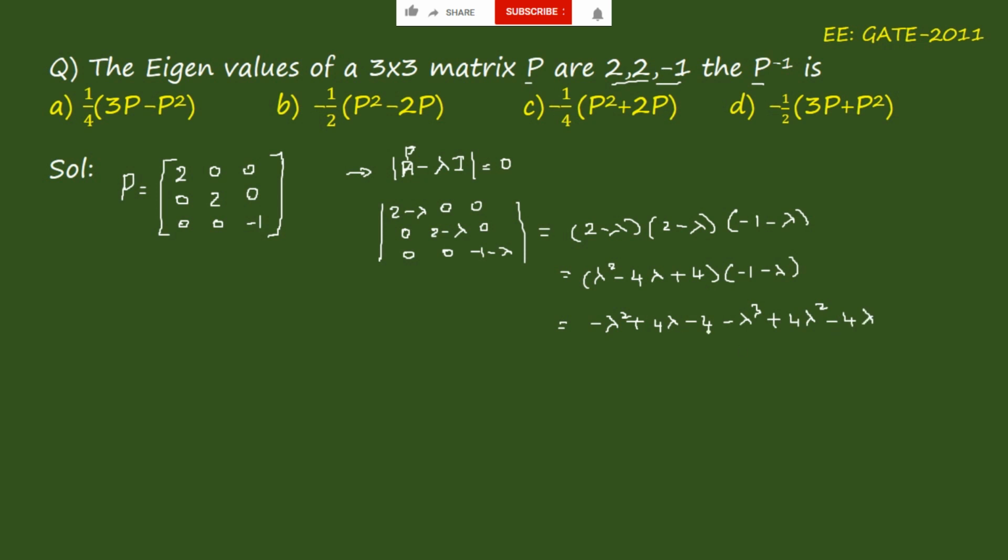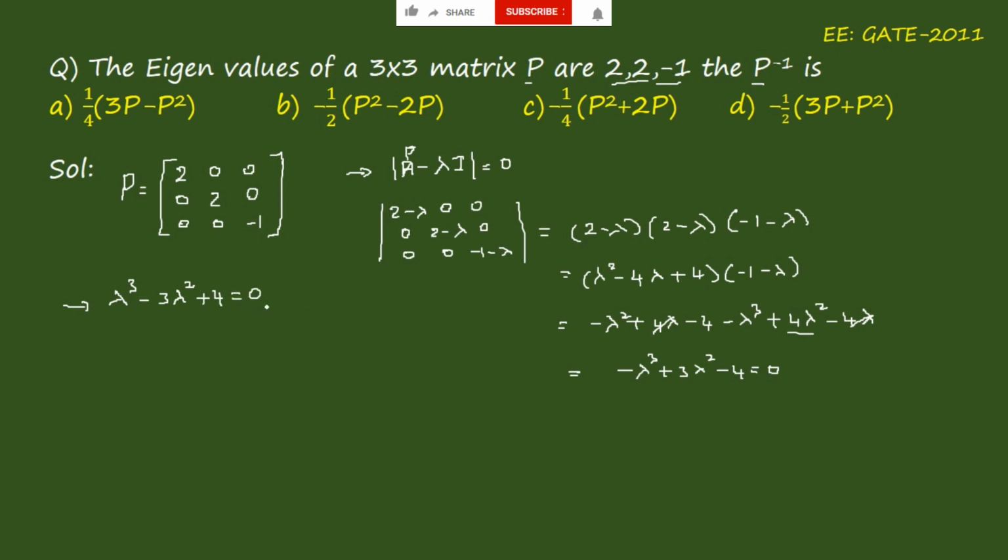Here the 4 lambda cancels, so we get minus lambda cubed plus 3 lambda squared minus 4 equal to 0. Now we got this equation, right? If we remove the minus, it becomes lambda cubed minus 3 lambda squared plus 4 equal to 0.